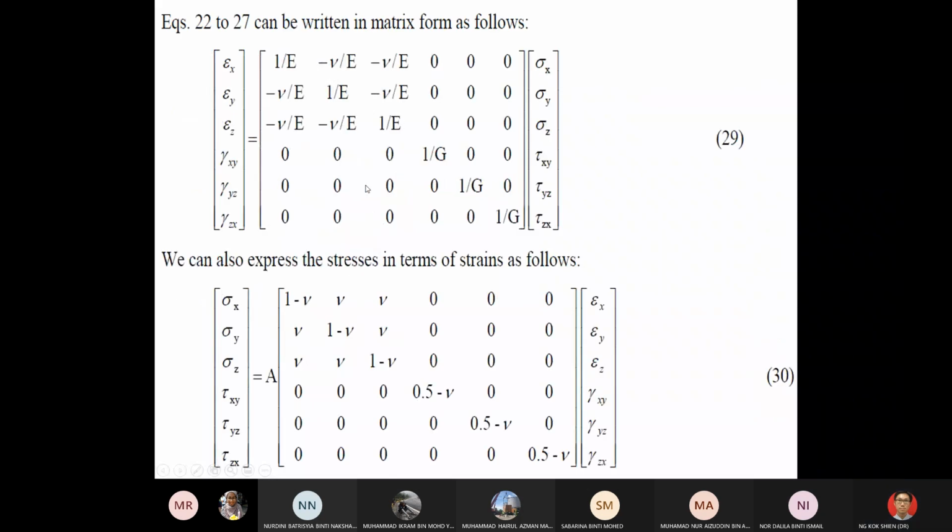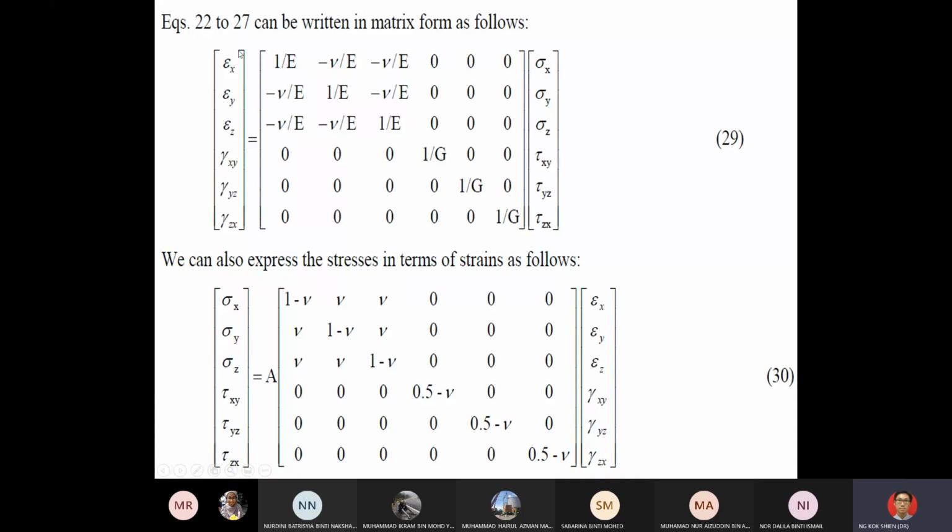After we get all these expressions, we combine them and write them in matrix form, and you will get this expression. I think you have seen this quite many times. You have learned the materials before, so you should know this.